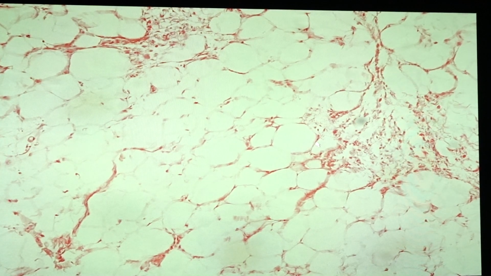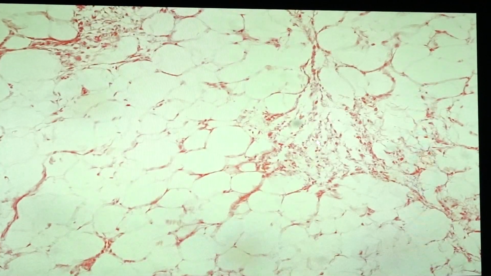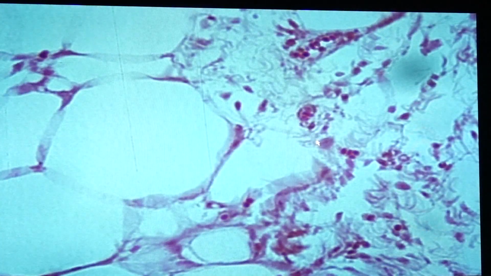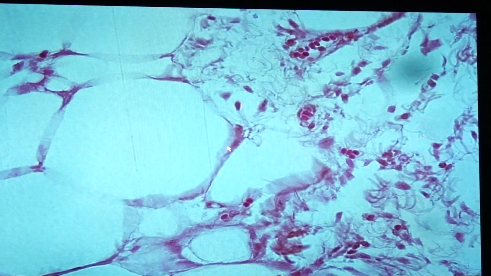The nucleus would be very inconspicuous. When you say inconspicuous, they are very small. Sometimes you do not see where that particular nucleus is in this adipocyte. You can see it to be this one. And then this would be the abundant clear cytoplasm.